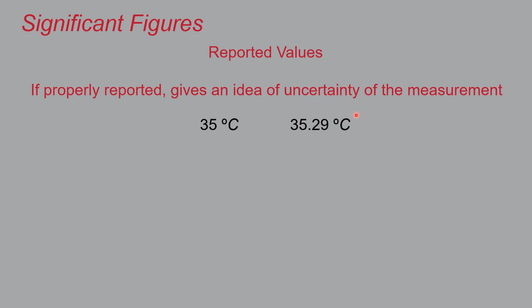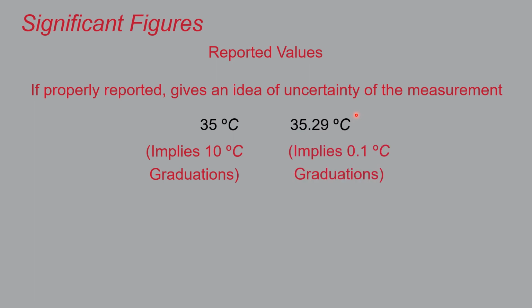All right, so hopefully you've had a minute to think about it. Again, the rule is that we report to a tenth more than what the graduations are. If this one was reported to the 100th place, that implies that the graduations on the thermometer were to the 10th place. So this thermometer has readings every 10th of a degree Celsius.